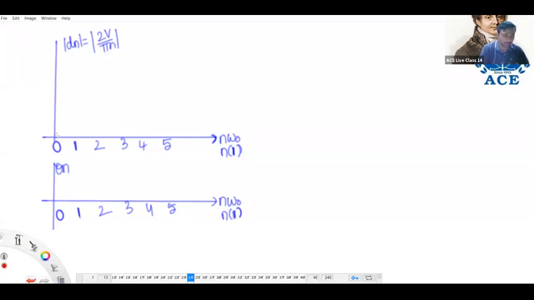At 0, we got DC 0 from the last slide, D naught equals A naught, 0. N equals 1, the magnitude is 2V by pi. N equals 2 means V by pi, like that for the rest of the harmonics. What about the phase angles?